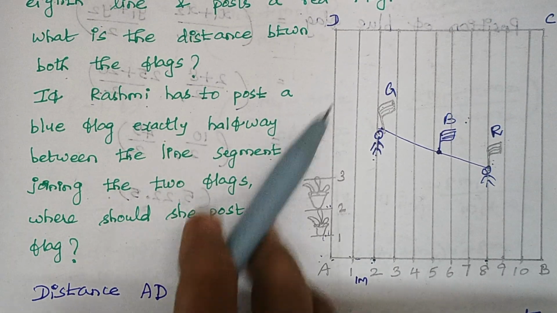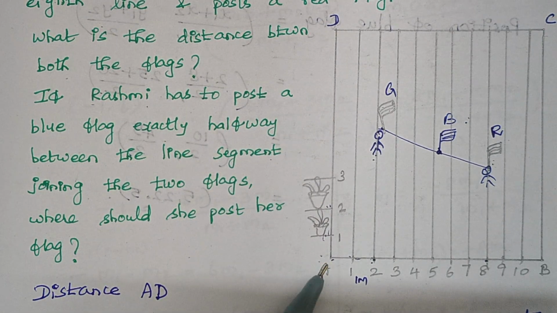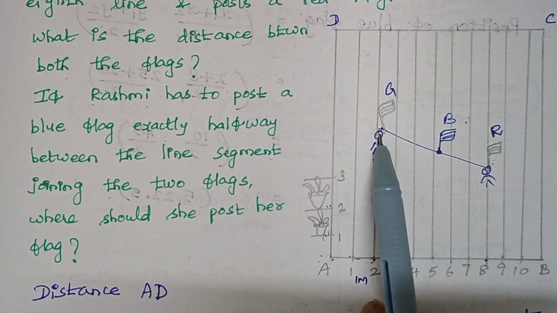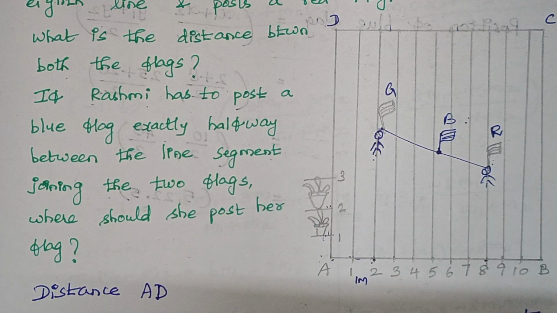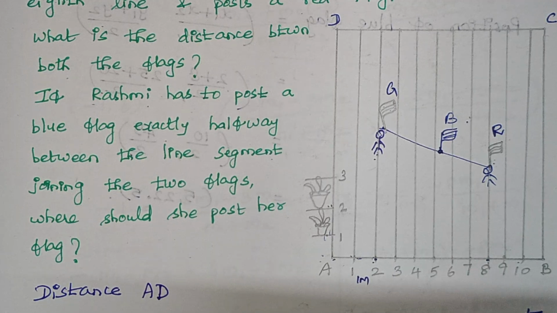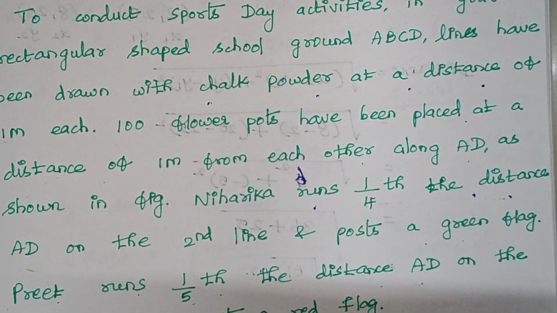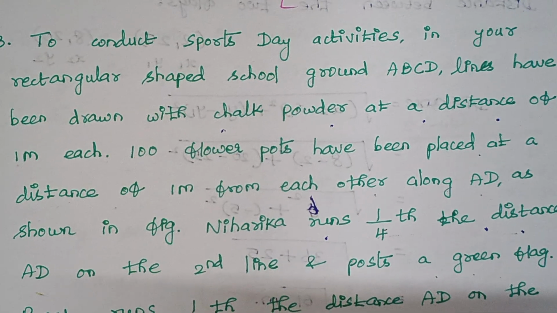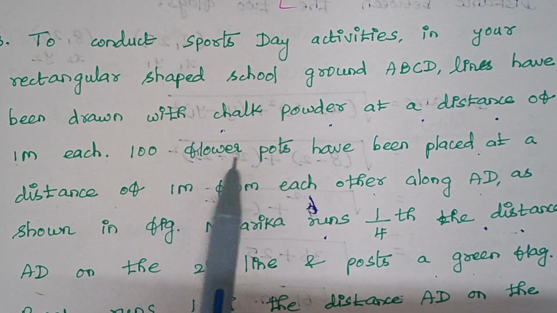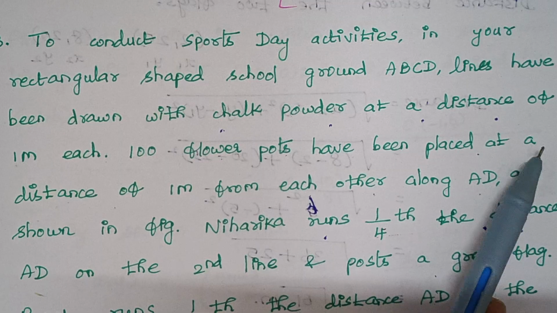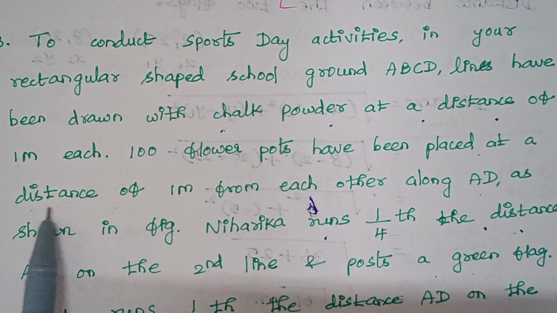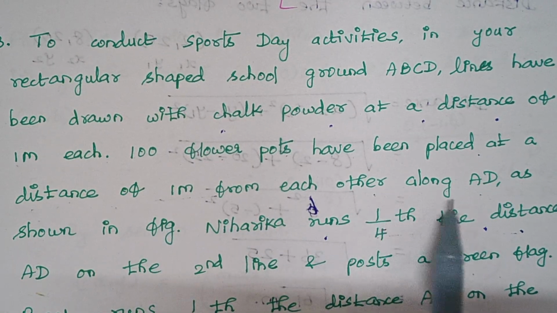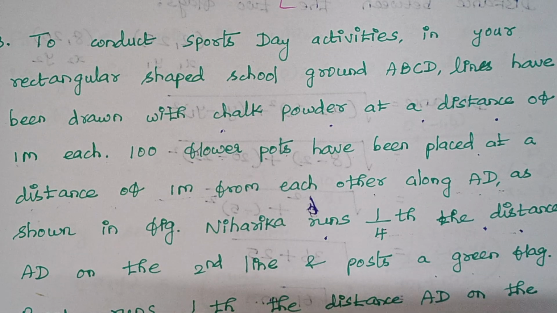Before that, we have to find the distance AD. Then only we can calculate the y value of this point as well as the y value of this point, because the x value is clearly given, right? So distance AD is indirectly given. Again we have to read this part of the question. 100 flower pots have been placed at a distance of 1 meter from each other along AD, right?